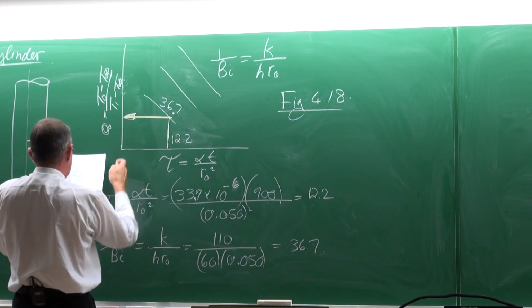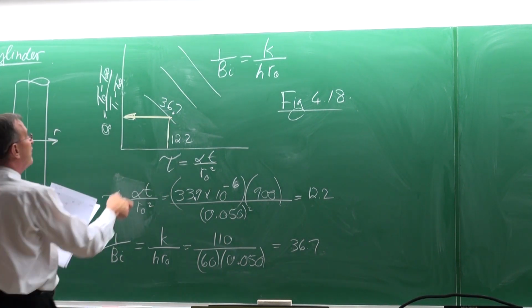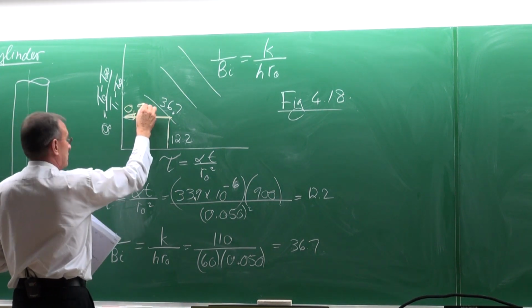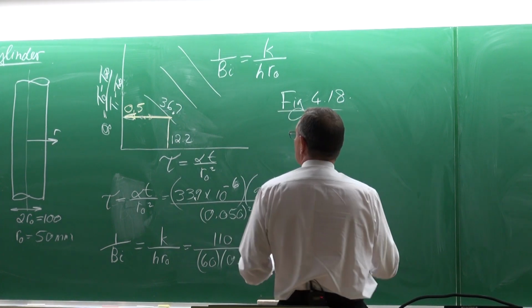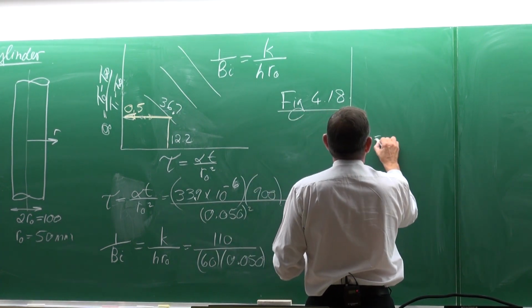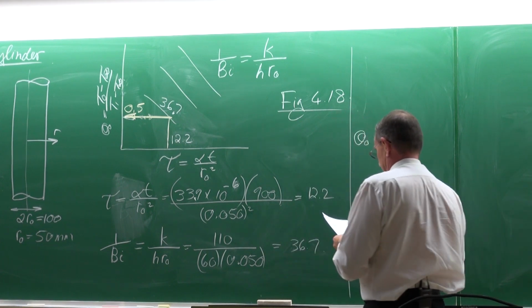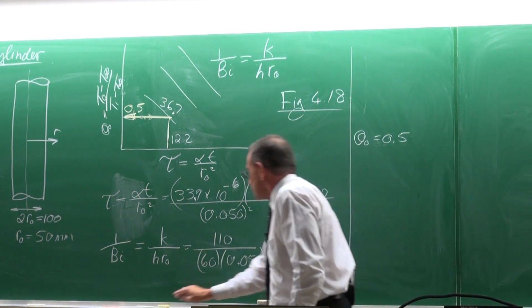And from it, we can get the non-dimensionalized temperature as 0.5. The non-dimensionalized temperature, theta 0, is 0.5. And this is going to be solution B.